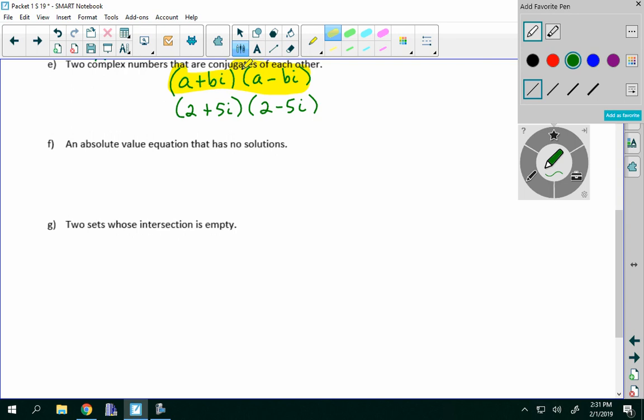What do we know about absolute value? We know that the answer to an absolute value is the distance from 0 to a quantity, so it's always positive. If you set an absolute value equation equal to a negative number, that's not going to have any solutions. So anything that looks like this would be an acceptable answer for 4f.